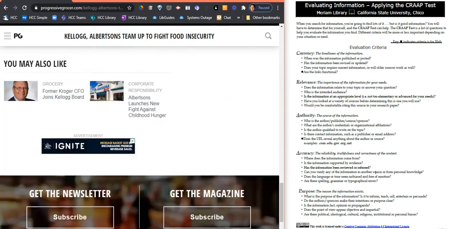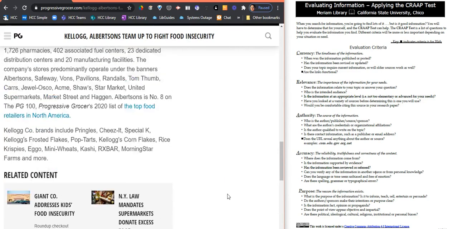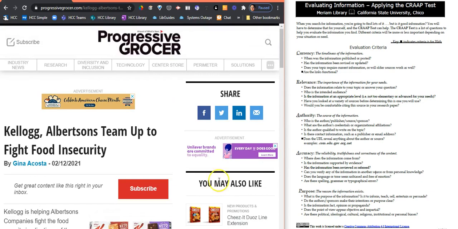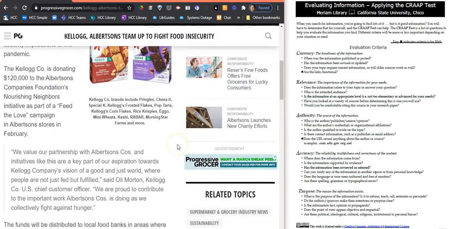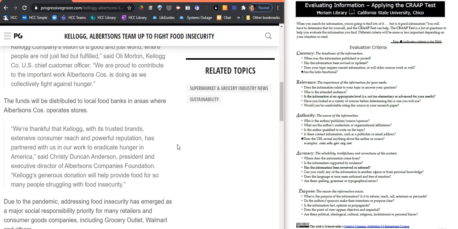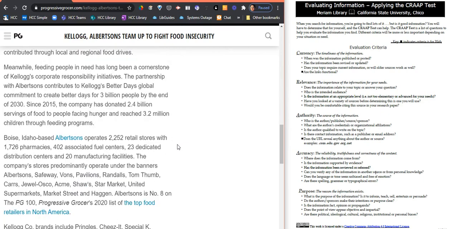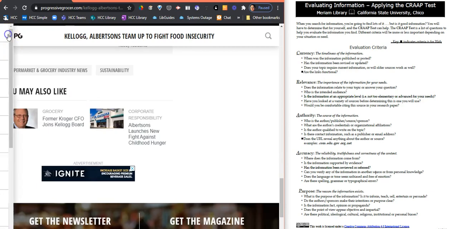It doesn't have a date at the bottom. And sometimes it may not be worth it to take a look through all of this information if you already start to see some red flags about the type of information. And this is talking about lots of retail stores. I still don't understand.